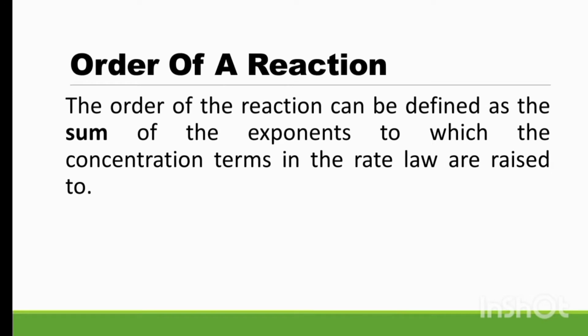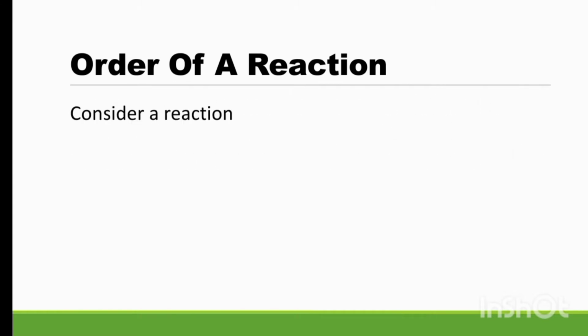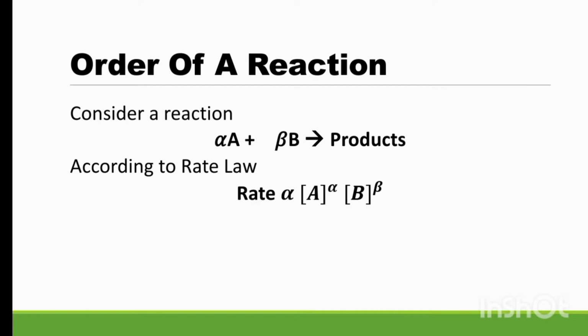Order of a reaction. The order of a reaction can be defined as the sum of the exponents to which the concentration terms in the rate law are raised to. Consider a reaction alpha A plus beta B giving products.